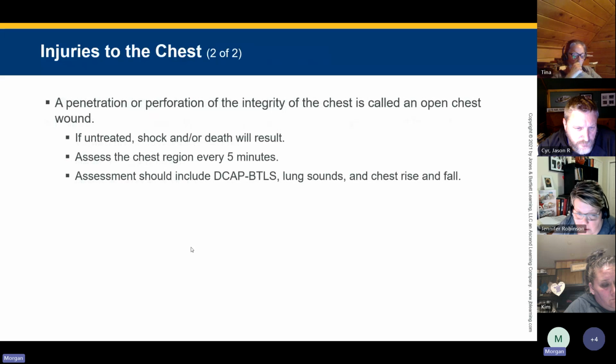It's kind of like a one-way valve. When they breathe in, it closes, but when they breathe out, it pushes the air out. In theory, it doesn't get any worse, and it might make it better. So check for DCAP-BTLS, check for lung sounds and symmetrical rise and fall.